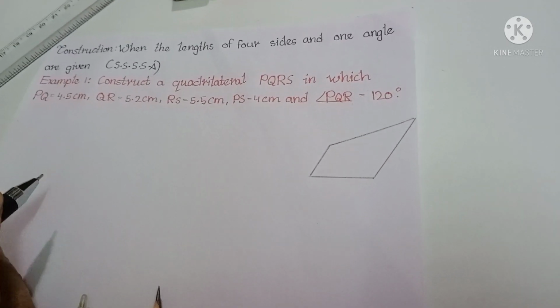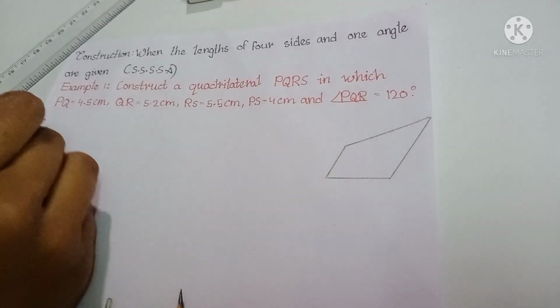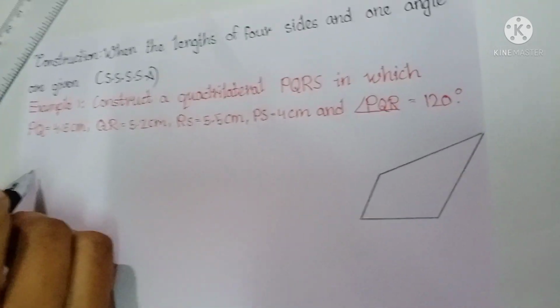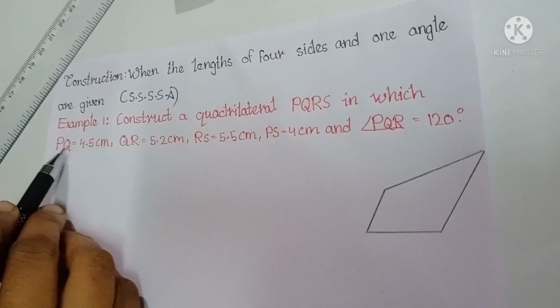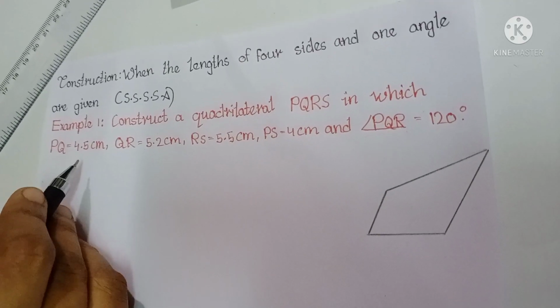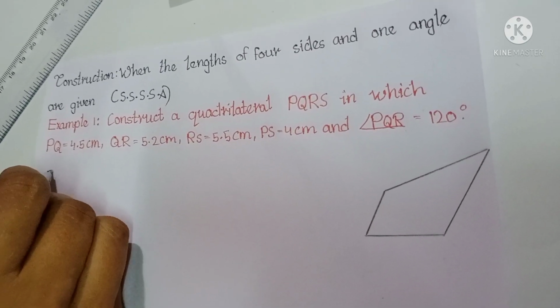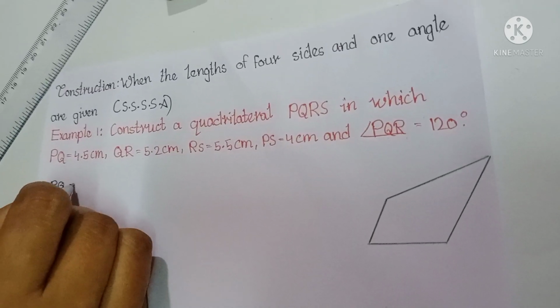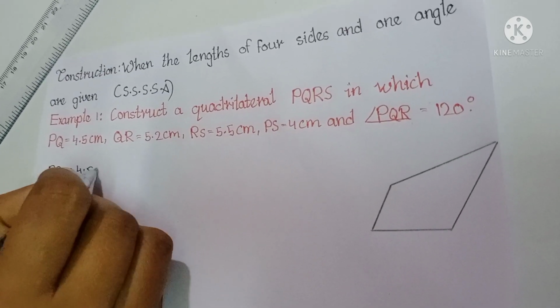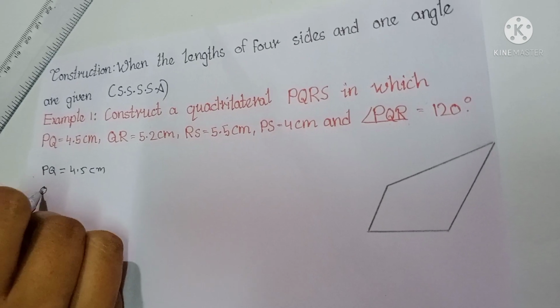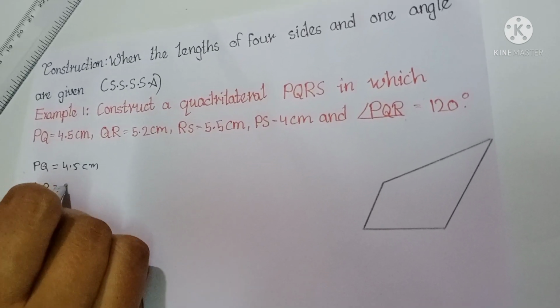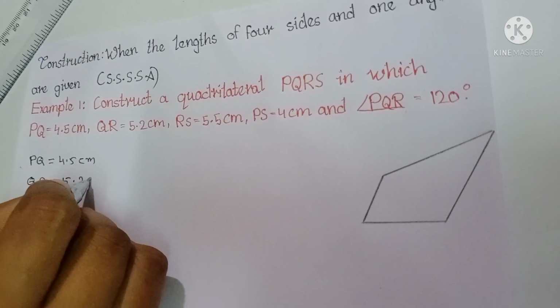First, we write here the given measurements. These are all the measurements. Write here: PQ is equal to 4.5 centimeters. QR is equal to 5.2 centimeters.